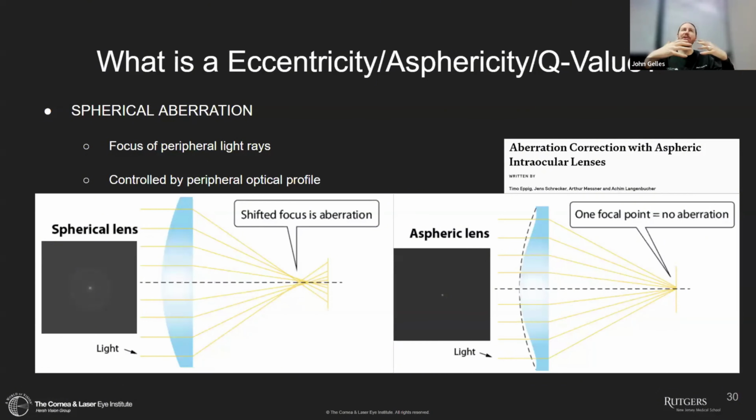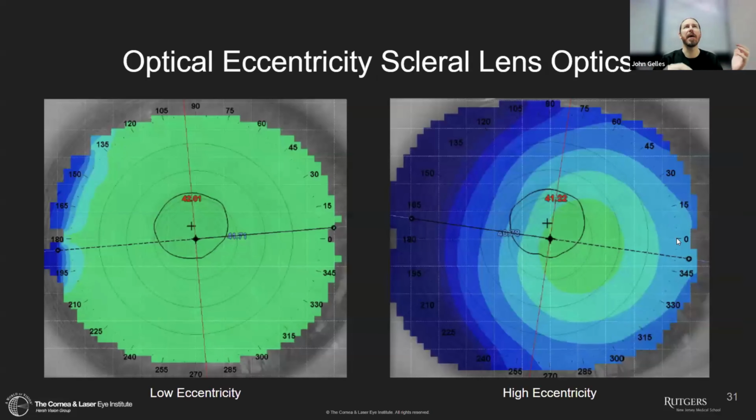So when we're changing asphericity, for instance on a Boston Sight lens, this is the low eccentricity Boston Sight lens. This is the high eccentricity Boston Sight lens. So you can see how the peripheral power changes in these lenses.